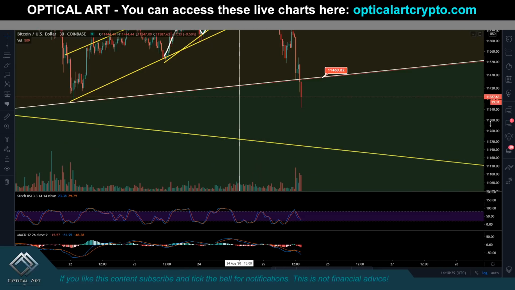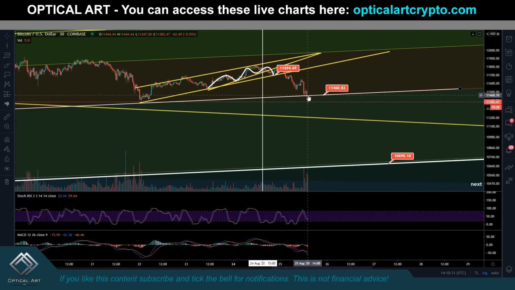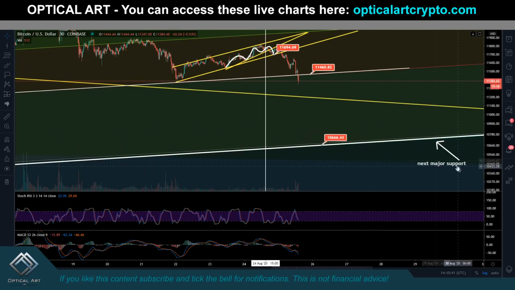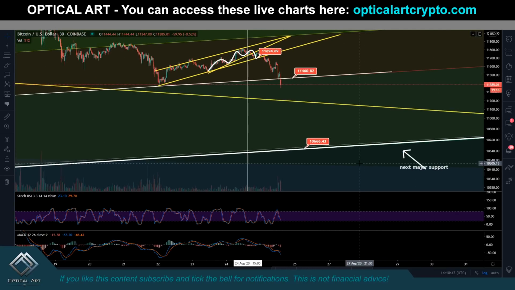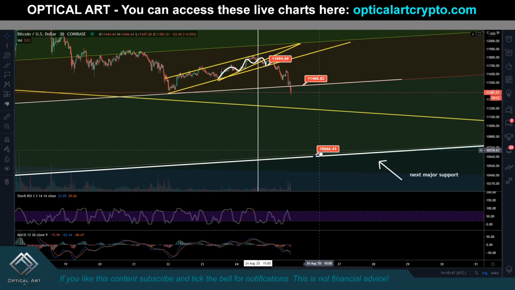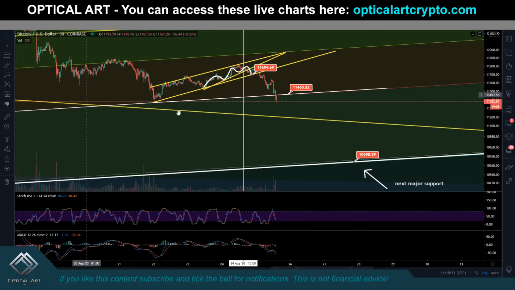So macro targets, guys, since we've already broke below this, this is super bearish in my opinion, because your next ultimate target is going to be down here around 10,666. I will be buying in here. Notice I had this marked off as next major support level. When we hit this point, whether it's here or further out here, I will be buying to ride this up.